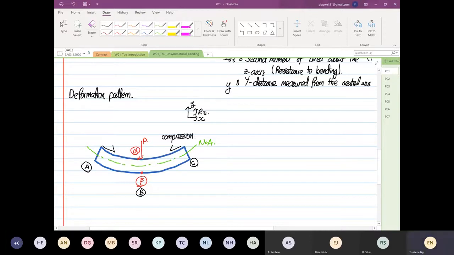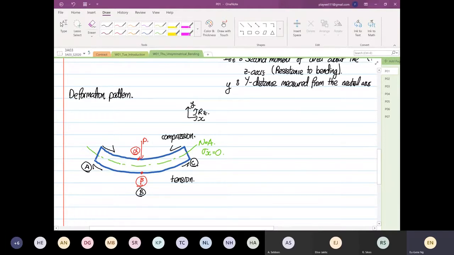And then the bottom part, the one with the beta, this will be under what? Tension. Okay. So at the neutral axis, the stress in the x direction is equal to what? 0. So we are calculating stress in the x direction for this case.